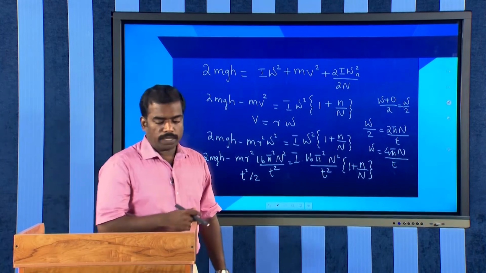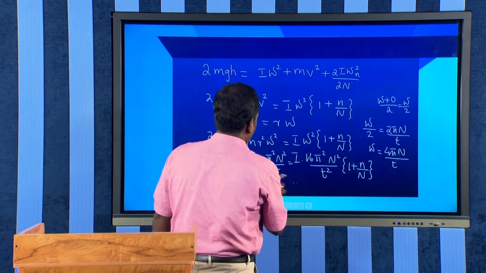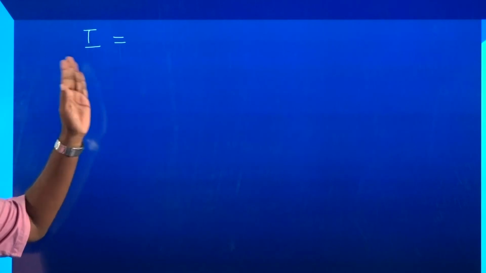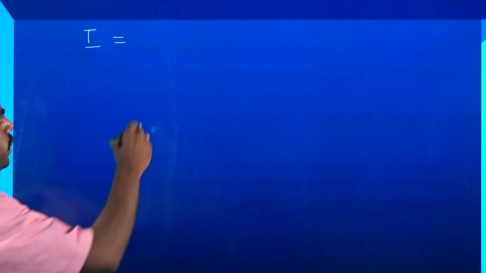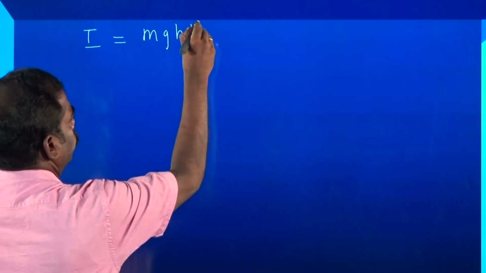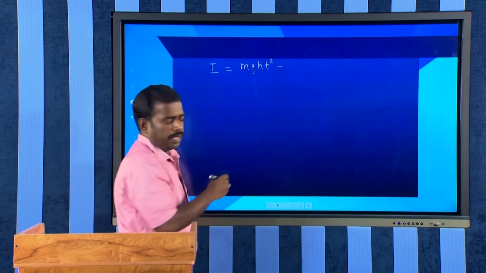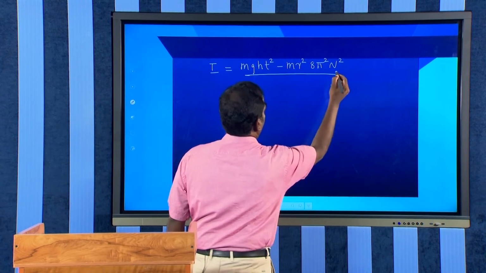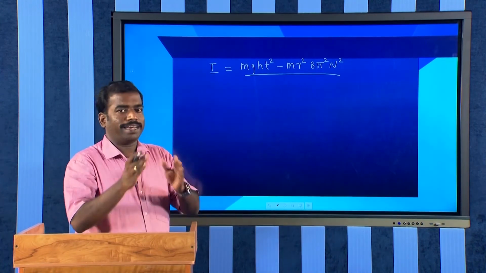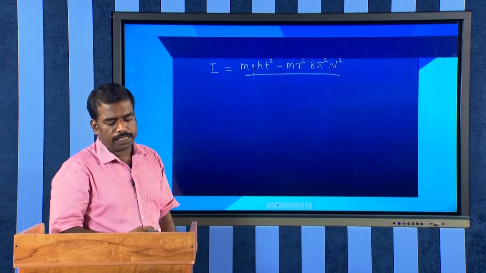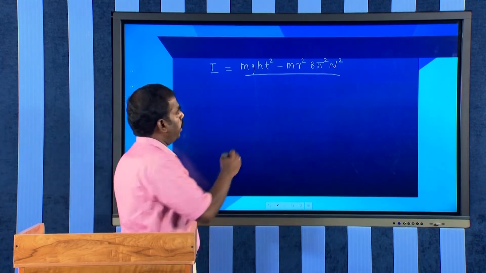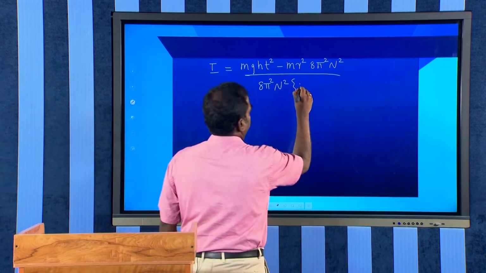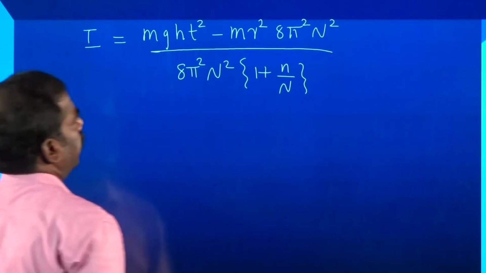So you will get the final expression as I equal to, just check whether you are getting it after multiplying by t square by 2: mgh t square minus m r square 8 pi square N square, divided by 8 pi square N square into 1 plus small n by capital N.